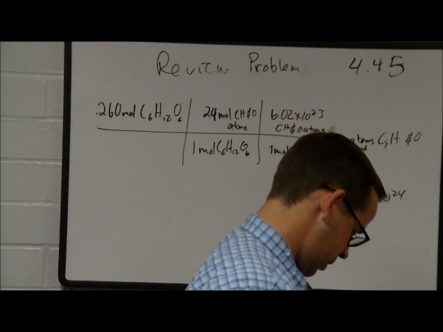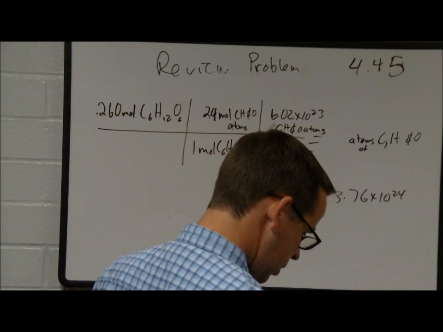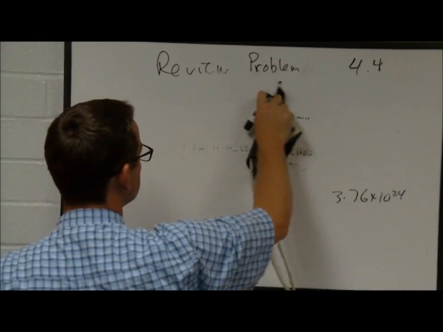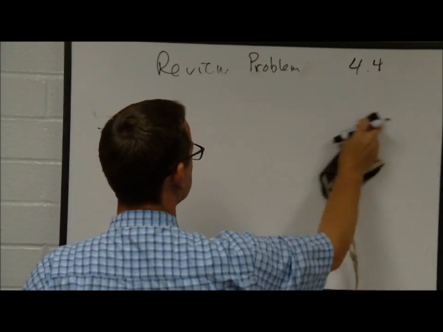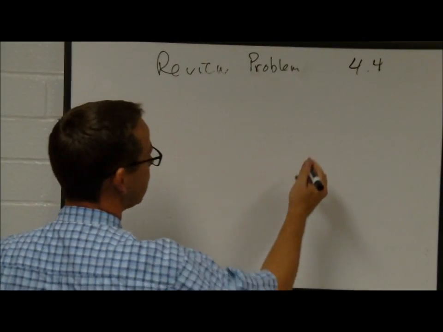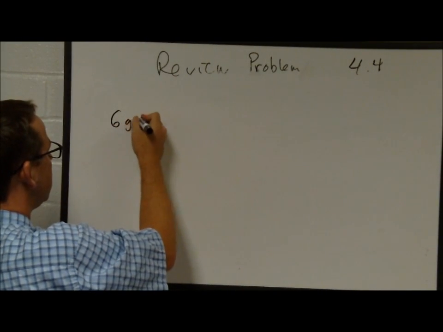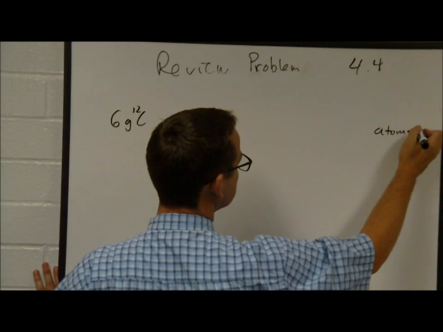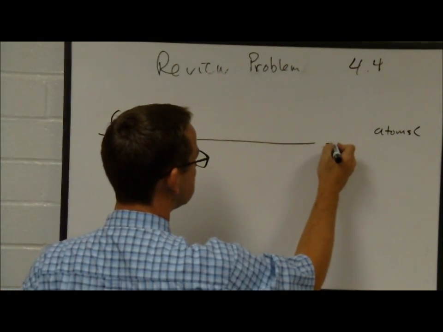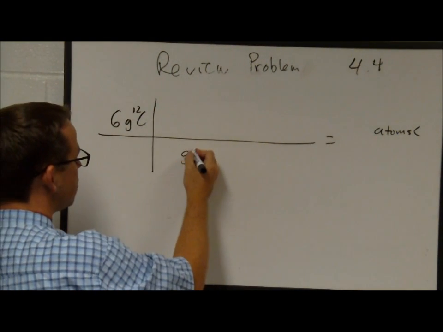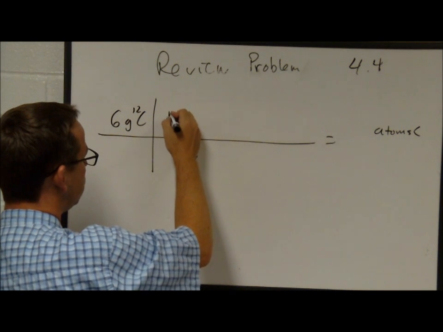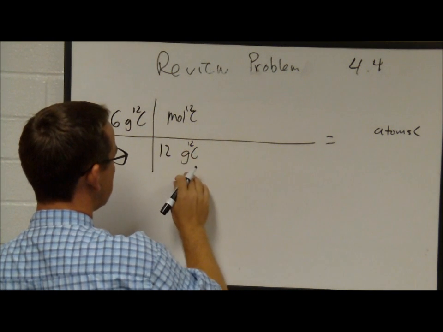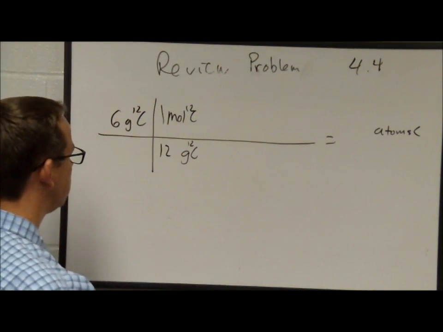Let's see, 447. How many atoms are in 6 grams of carbon-12? You need grams of carbon-12 on the bottom, moles of carbon-12 on top. So there's 12 grams of carbon-12 in every 1 mole of carbon-12.